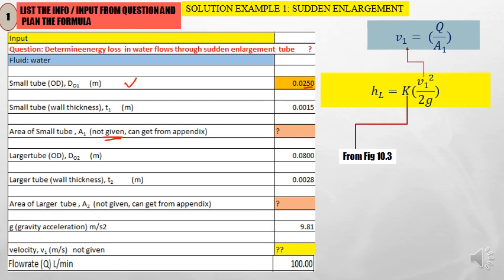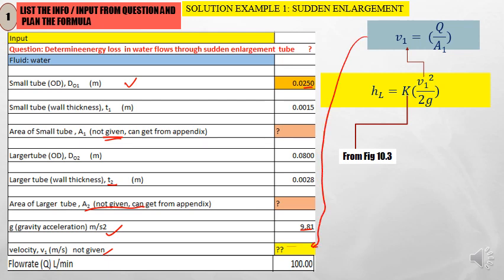The larger tube is labeled DO2, which is 0.08 with a wall thickness of 0.0028. Same here, the area of the larger part is not given, so we can get it from the appendix, it's not a problem. The gravity acceleration is 9.81. Velocity is not given as well, but we can get it by using this formula.